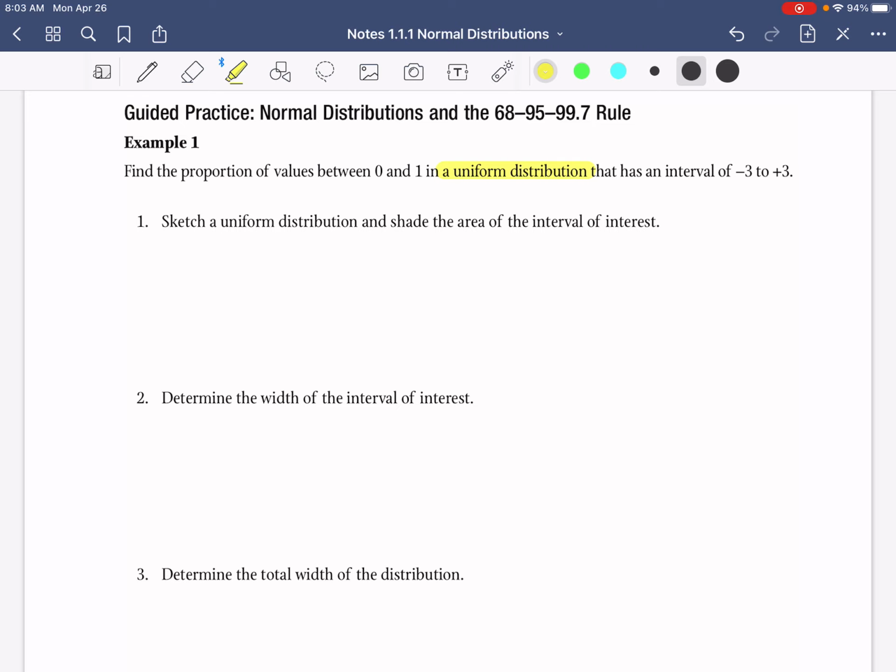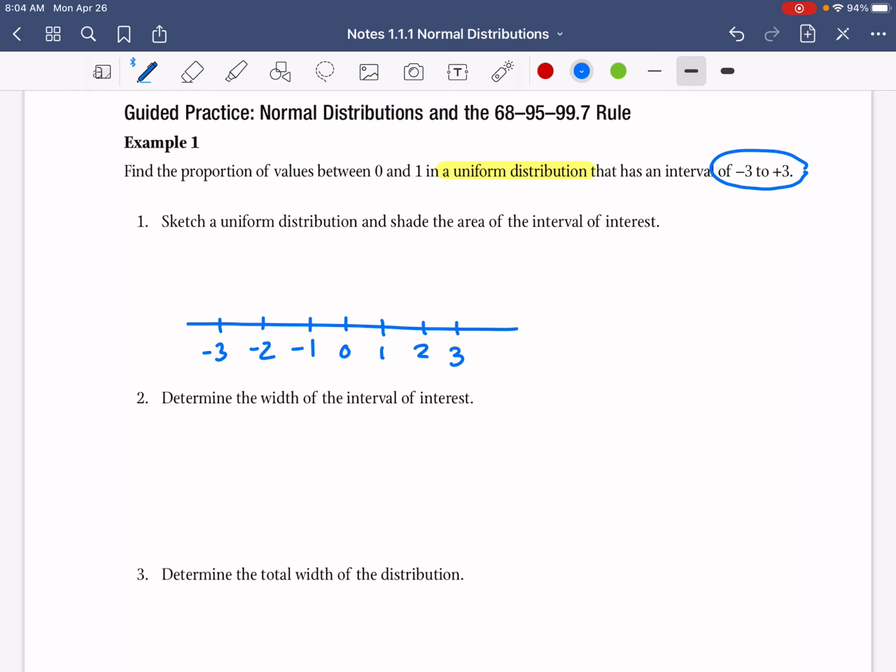Number 1 is sketch a uniform distribution and shade the area of interest. A uniform distribution is going to look like a rectangle. The interval is from -3 to +3, so here's 0. We're going to go +1, 2, 3, and then -3, -2, -1, and then we're just going to draw that as a rectangle.